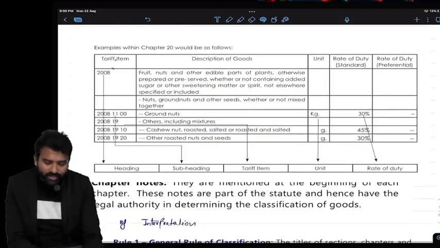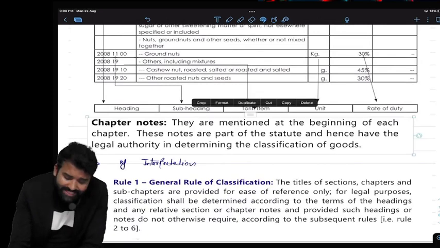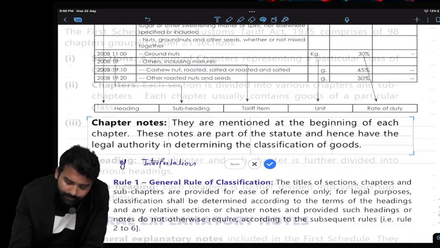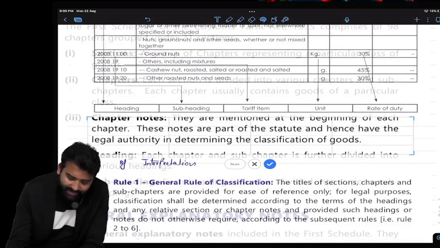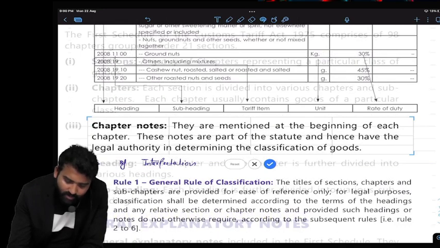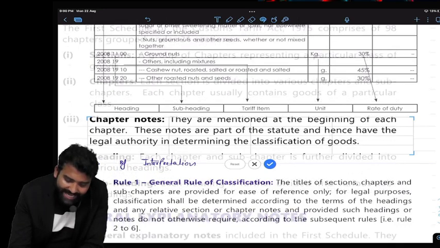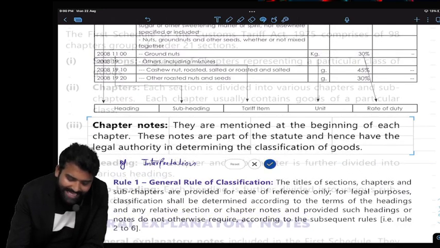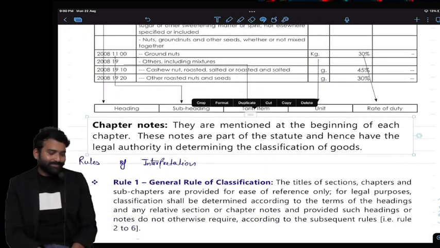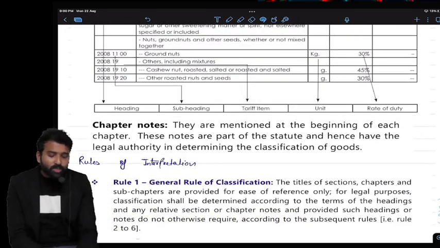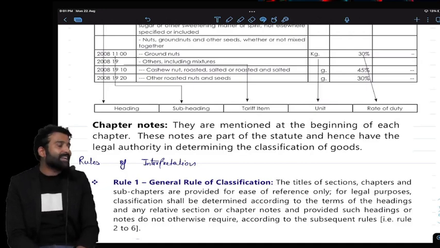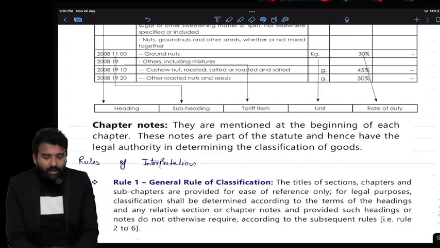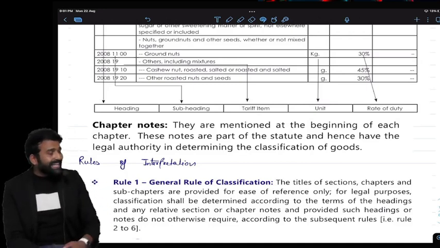Now one more interesting thing. Whenever we read the customs tariff, there is one more thing we have to discuss. Each chapter has chapter notes. The chapter notes give the details about exactly what kinds of goods are covered in the chapter, the exact nature of the goods covered.